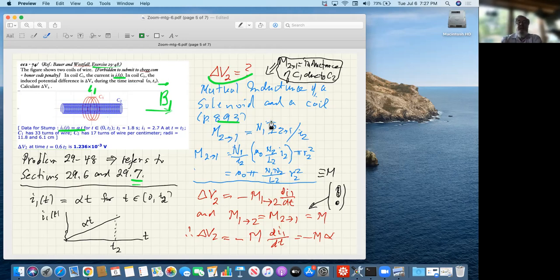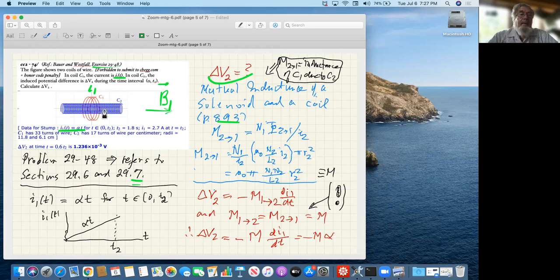Actually, in the case of coil 1, there are N turns of wire, so there'll be N times as much flux. So we can calculate M21 for this situation. It'd be N1, that's the number of turns in coil 1, divided by I2. Now the flux will be the magnetic field times the area. And you remember the magnetic field for a solenoid. It's mu naught times N over L times i. That's the current in the solenoid. So that's I2.